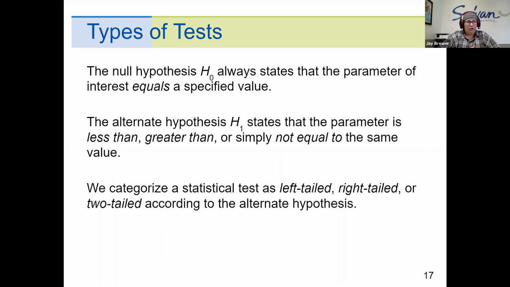You might sometimes have to find it. They might give you the data and you have to find the mean, but you're not going to say, if I'm given a mean of 47, in my alternate I'm going to pick something different than 47. No, you pick how it relates to the 47.